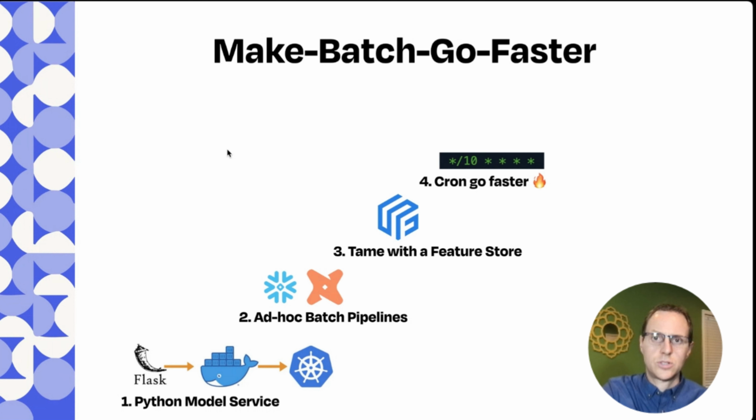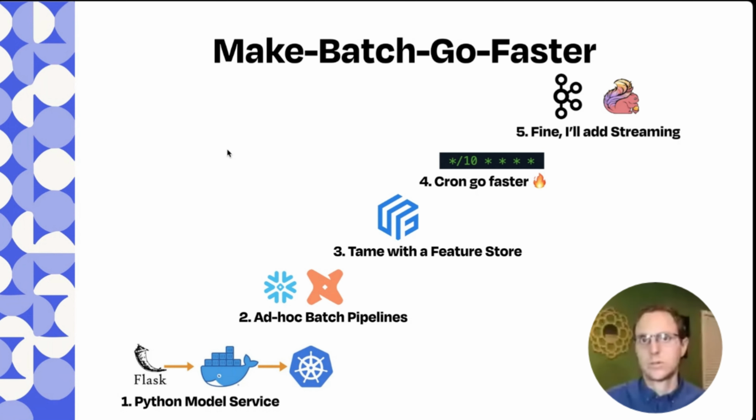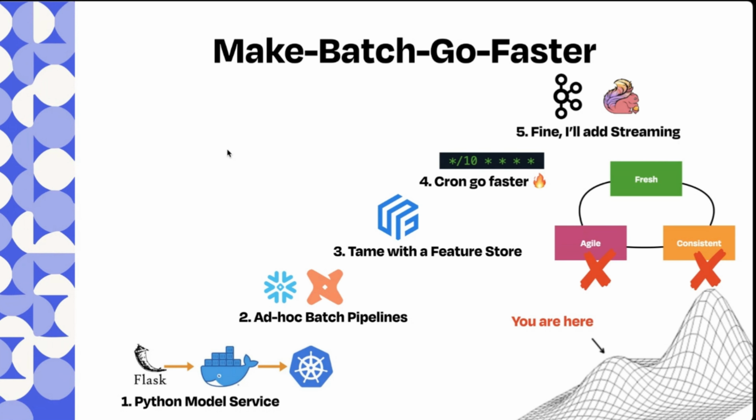Then, as you're hitting issues with freshness, you push the batch features as quickly as you possibly can, but without making any fundamental change to the architecture. I just call this "cron go faster." But eventually you're going to hit some limit with that. And so finally, you cry uncle and say, fine, I'll add streaming, knowing that you're introducing a lot of complexity at that point.